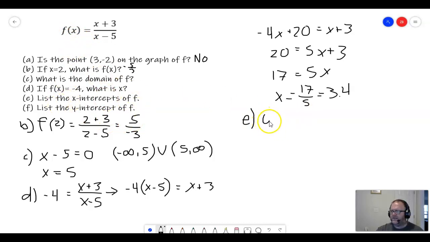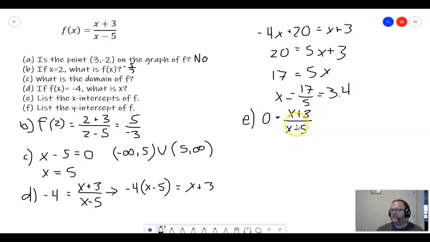So that means I replace y, which is f of x, with 0. And that's equal to x plus 3 over x minus 5. Now I can go through and multiply both sides by x minus 5, which will just keep the 0 on there. And I should just get the solution that x is equal to negative 3.